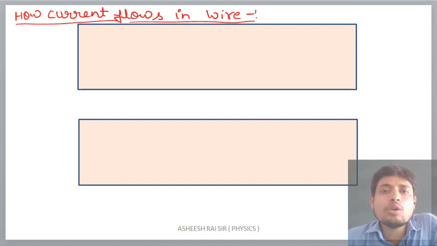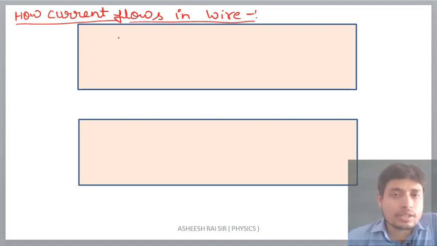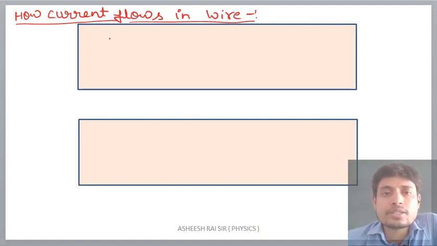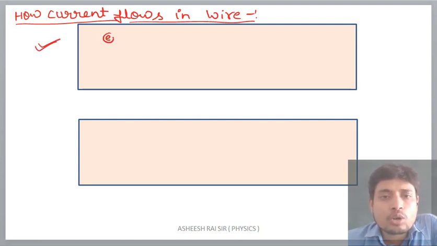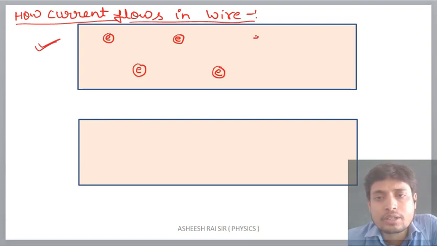Now, how does the current flow in the wire? Actually, the wire is a conductor, and in the conductor there are a large number of free electrons, and these free electrons are the carriers of the charge. Suppose this is a conductor, meaning a wire, and lots of free electrons are available inside the metal or conductor.